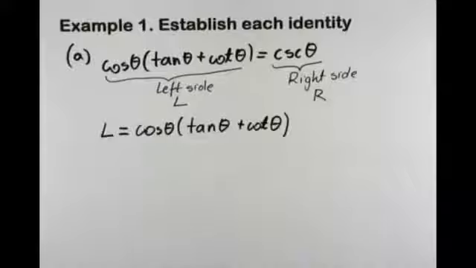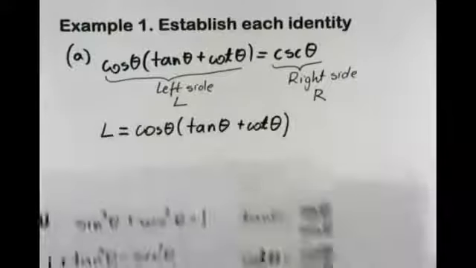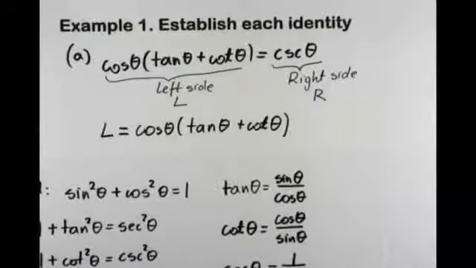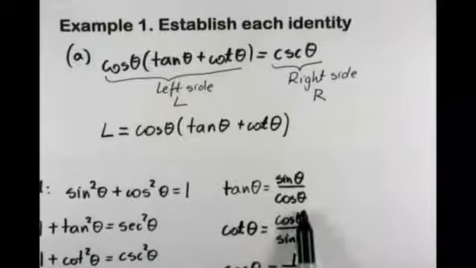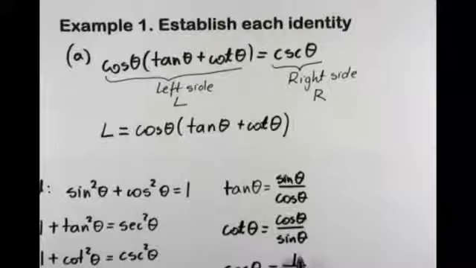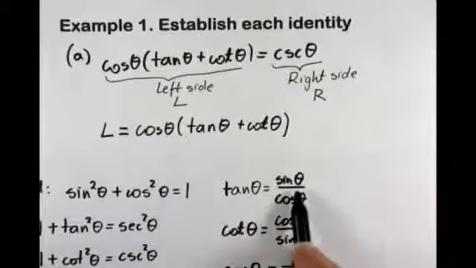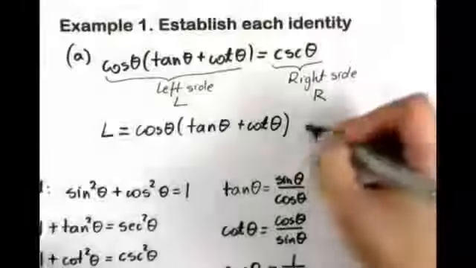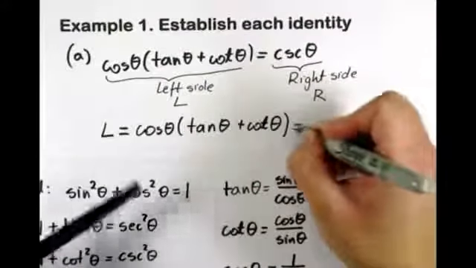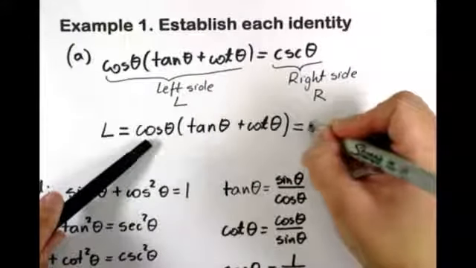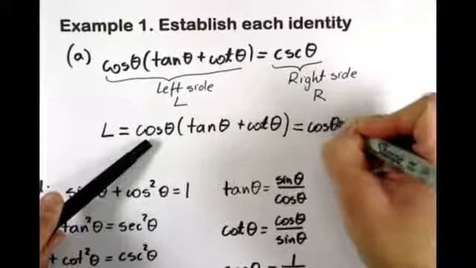I'm using my identity chart: tangent is sine over cos and cotangent is cos over sine. So for tangent I substitute sine over cos. So this is equal to, I had cos, so I copy cos theta.